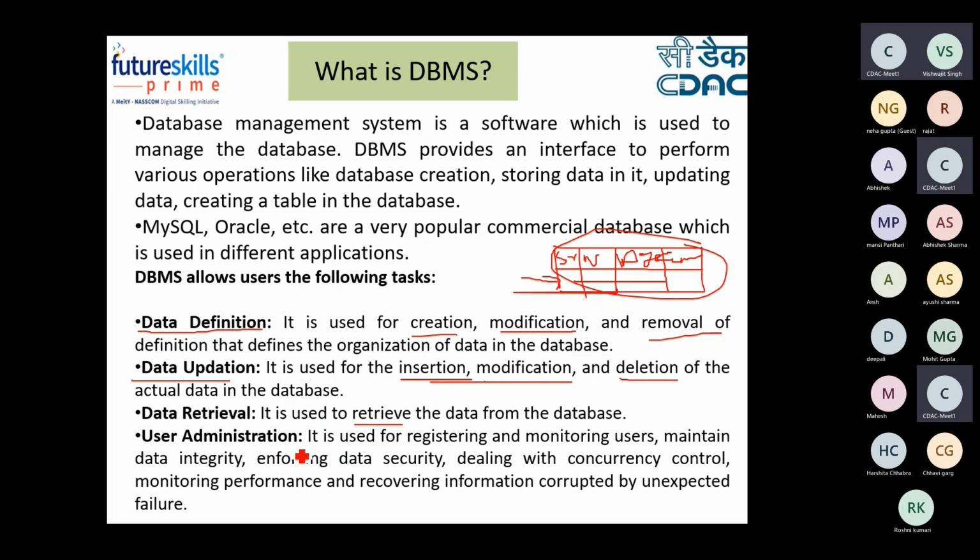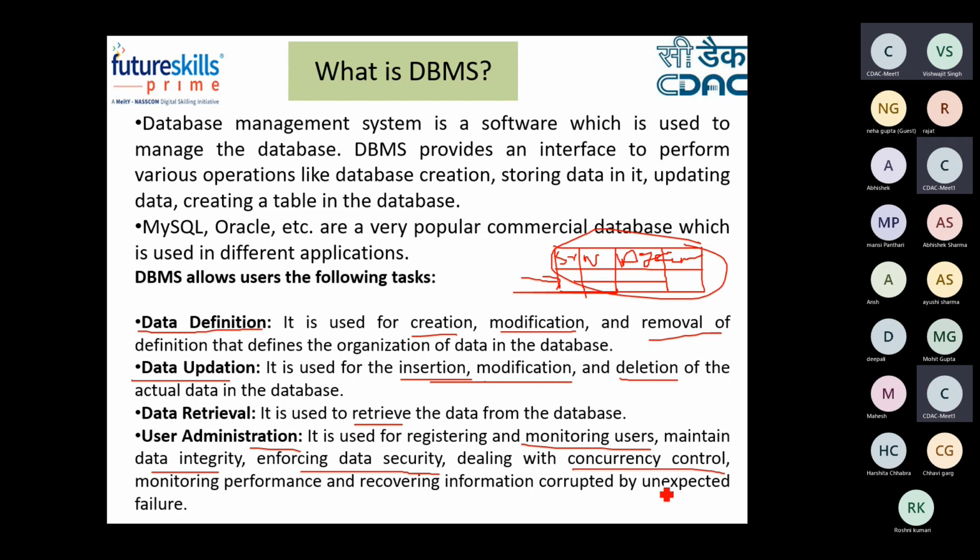And user administration. User administration means monitoring users, because the key role of the database administrator is to check and ensure that no unauthorized user can access that data. Also maintain the integrity of data, and also provide security so that the data cannot be changed or manipulated. And also concurrency control. Why?